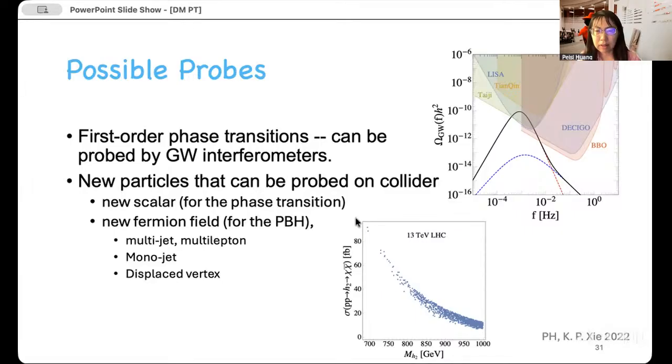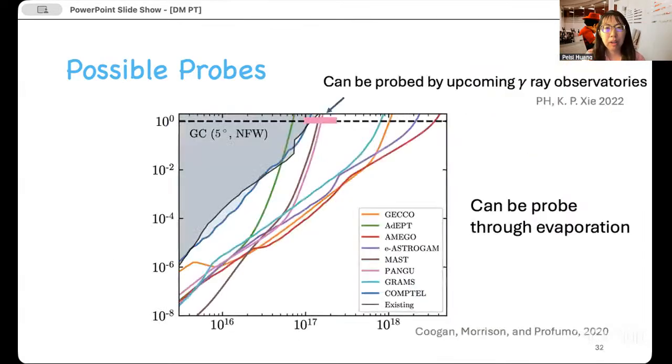They're not small. And how we probe them on colliders depends on how they decay. Depending on different decay channels, we may expect multi-jet, multi-lepton, monojet, or displaced vertex signals on colliders.